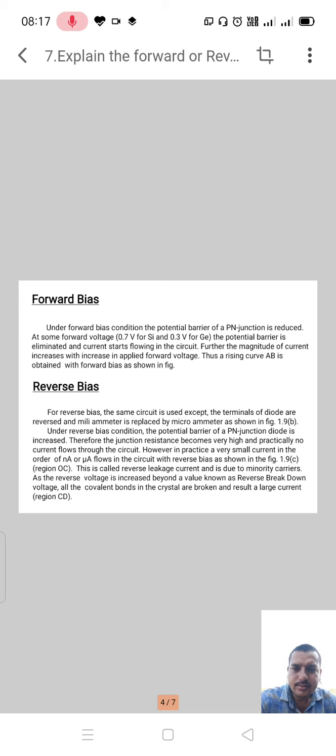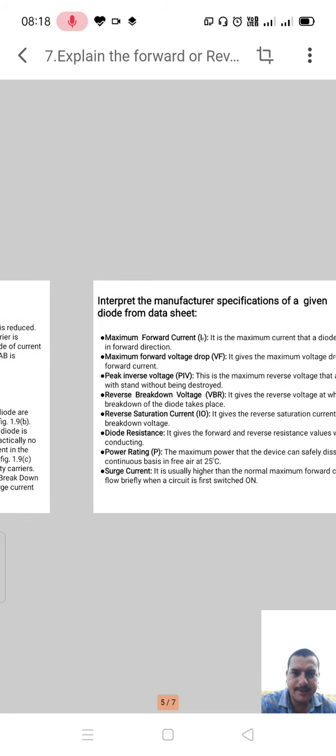When the reverse voltage is increased beyond a value known as reverse breakdown voltage, all the covalent bonds in the crystal are broken and result in a large current, that is region C to D.